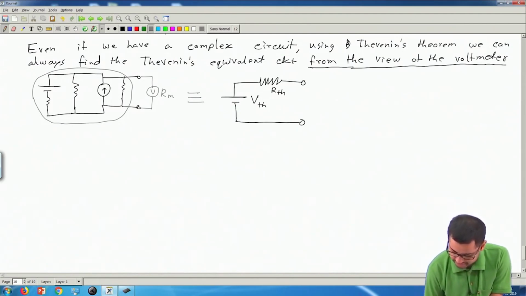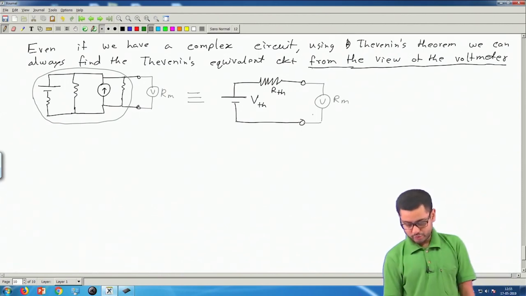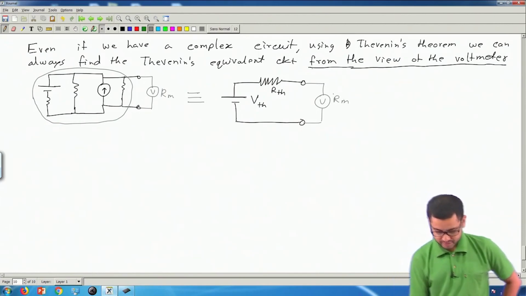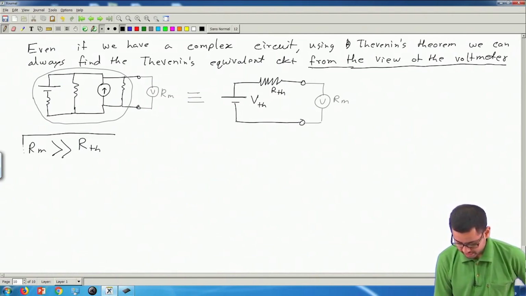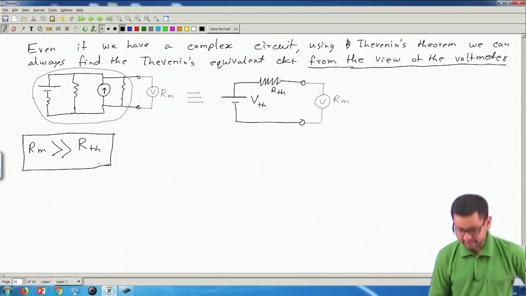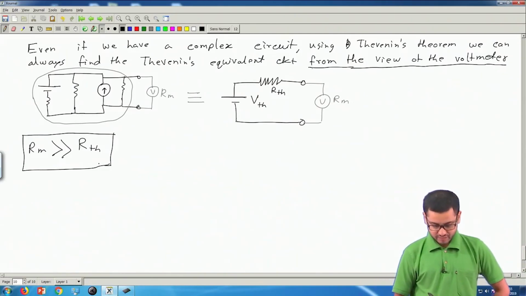The voltmeter is here with internal resistance Rm. Now, Rm should be much higher than RTH, the Thevenin resistance, that is the resistance of the circuit as seen by the voltmeter. So this is what we want. Thank you.